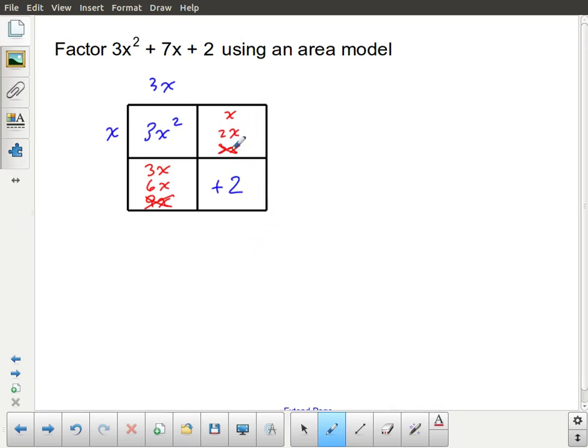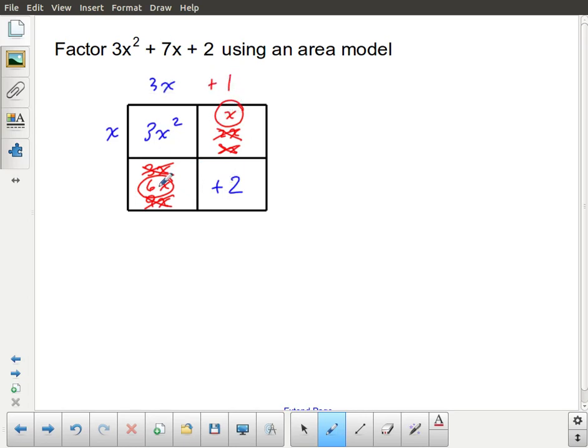And so now we take a look. Well, which of these different combinations will work out to give us 7x? And it turns out the answer to that is x and 6x. So that means that one goes away, this one goes away, and so this becomes x, which means this is a +1.